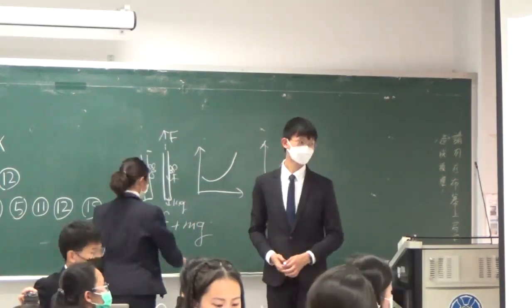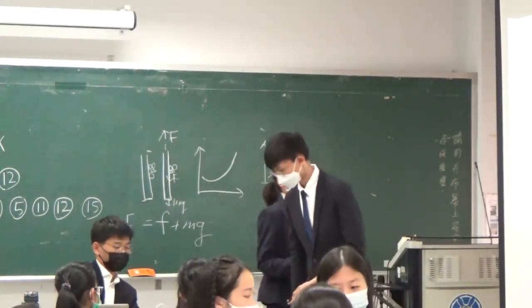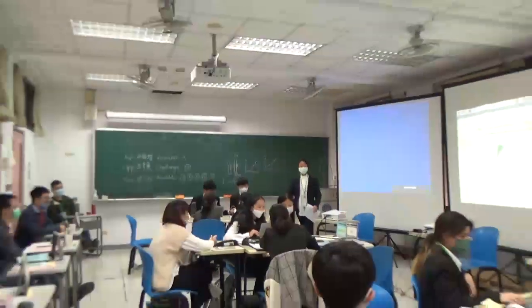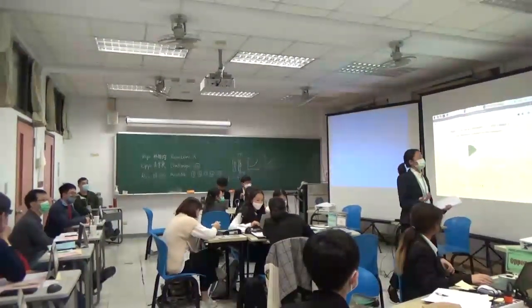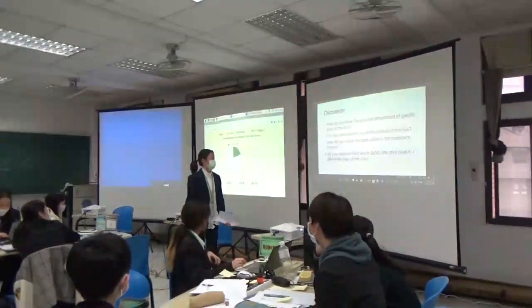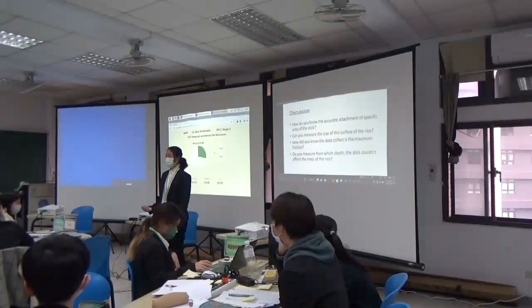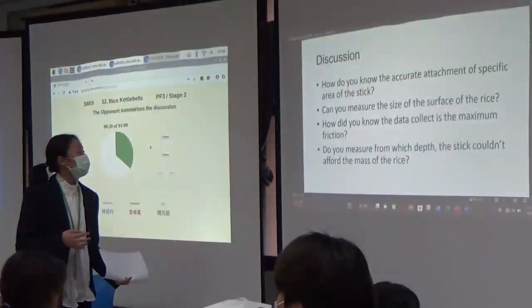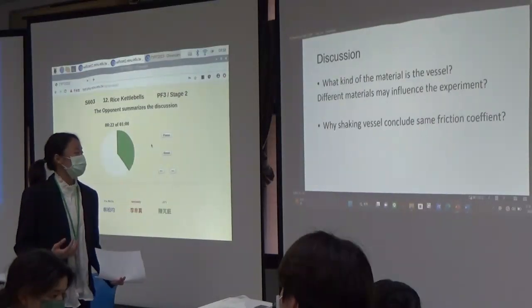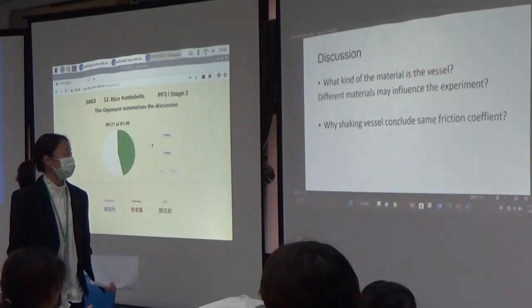Okay, time is up. The opponent, please summarize the discussion. So in our discussion, we talked about how they know the correct attachment of the specific area of the stick. I think he didn't answer this question really fairly, and they also cannot conclude whether their data is actually the maximum static friction.